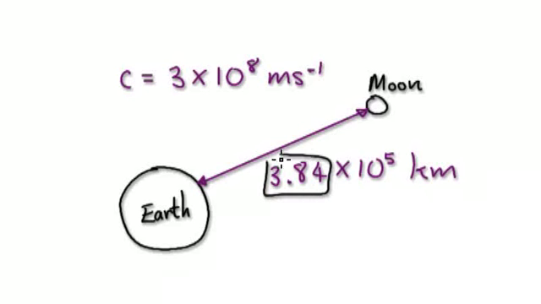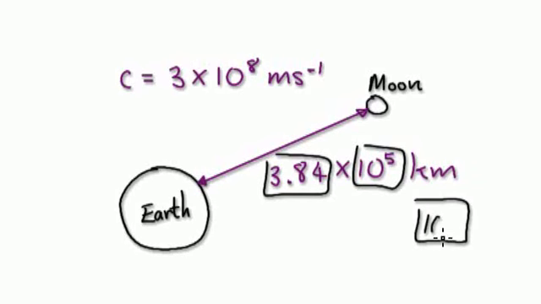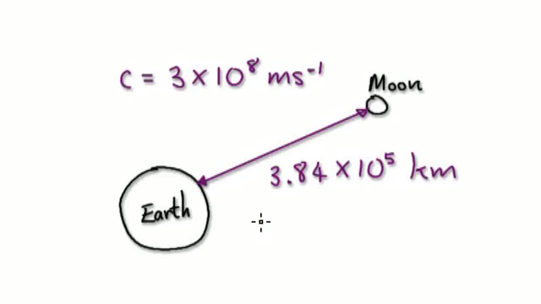So at the moment you've got this block times this block here, and now you want to know how many meters are there in 1 kilometer. There are 1,000 meters in 1 kilometer. I'm explaining this badly, bear with me.